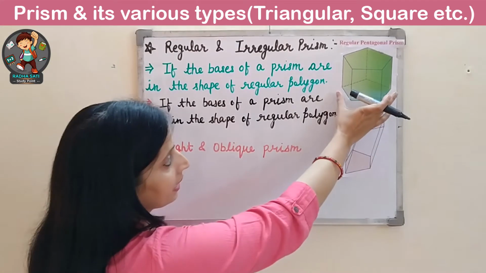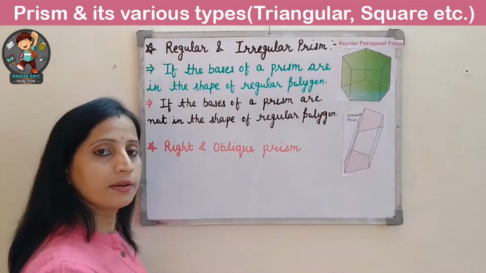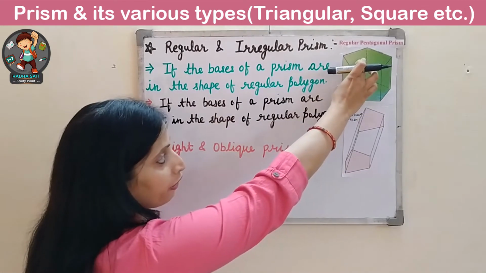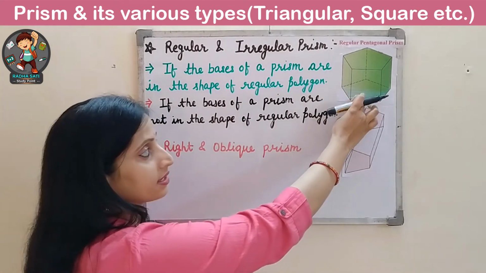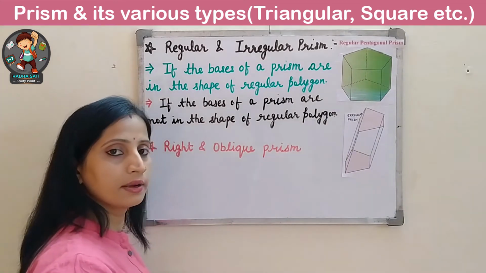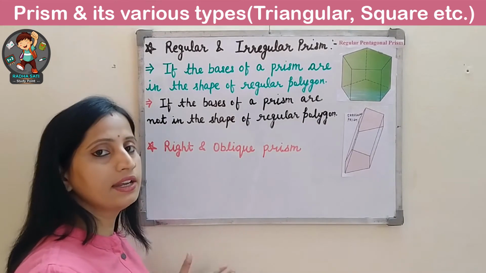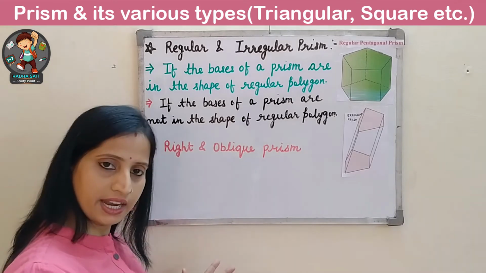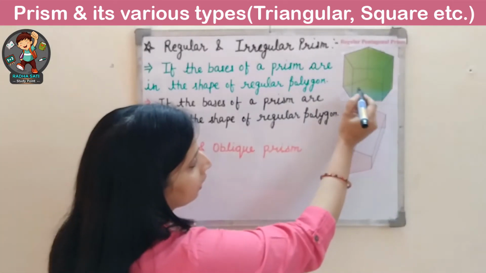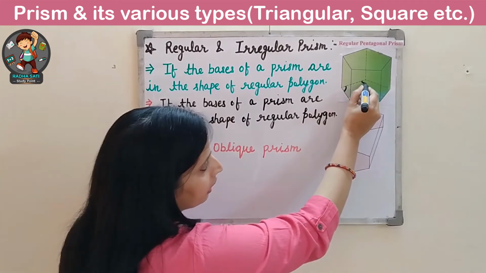Like here it's a regular pentagonal prism. Here the top face and the bottom face are a regular pentagon. A regular pentagon means a pentagon in which all the sides are equal and all the angles are also equal.